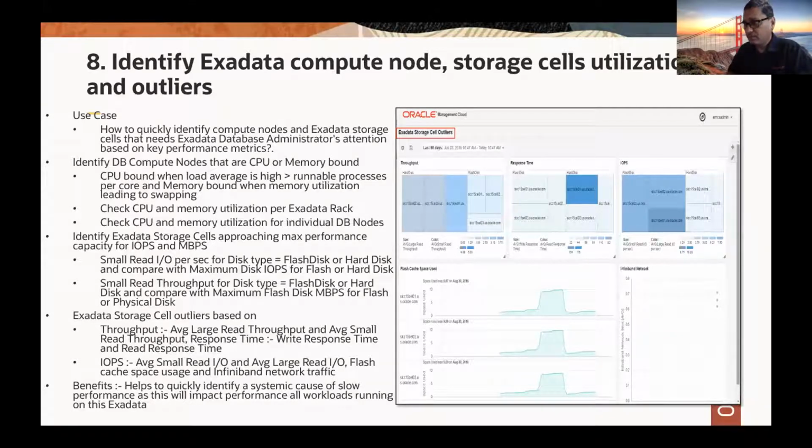So that this, if you identify, may lead you to the systemic cause of the problem and help you to fix that and impact all the workloads running on this Exadata. So that's why this is an important aspect. This is very basic, but it will help you to get better performance out of the Exadata box.